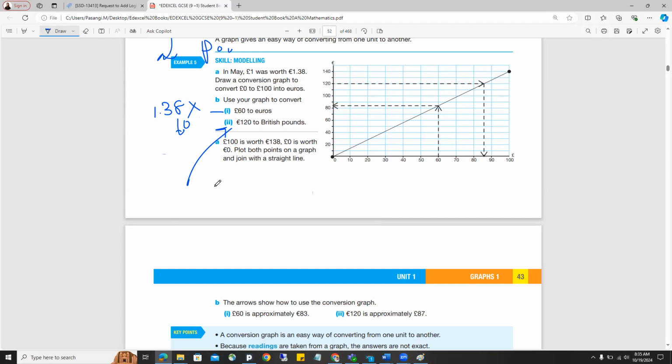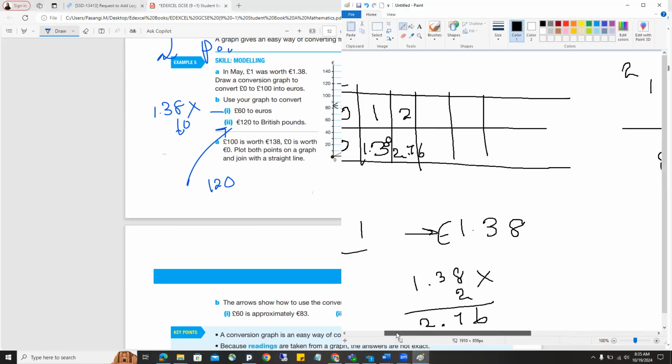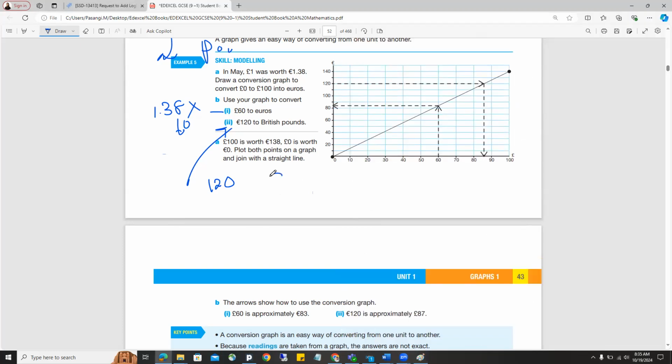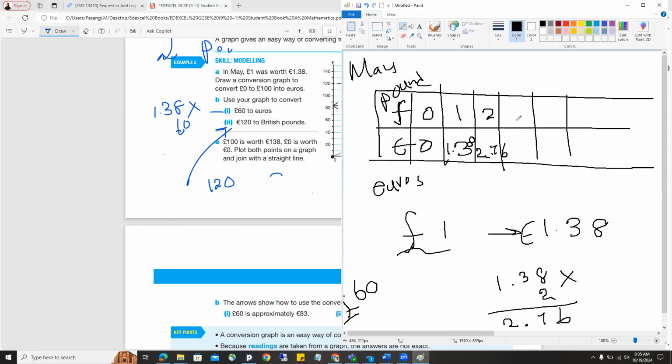120. What should we do with 120? We have a connection between these two. What was that connection? 1 pound was equal to 1.38 euros.